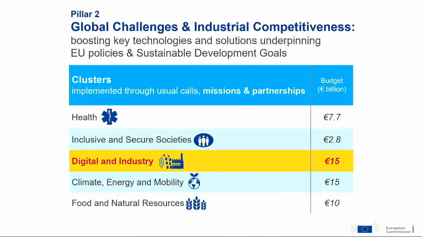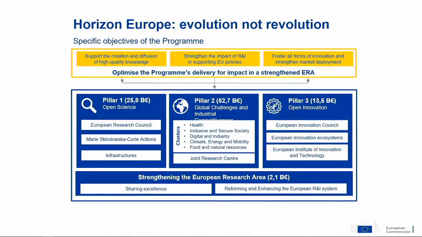I don't have it at this level, but this level of breakdown of funding will be clearer in the next proposal. And I think this is also part of the question.